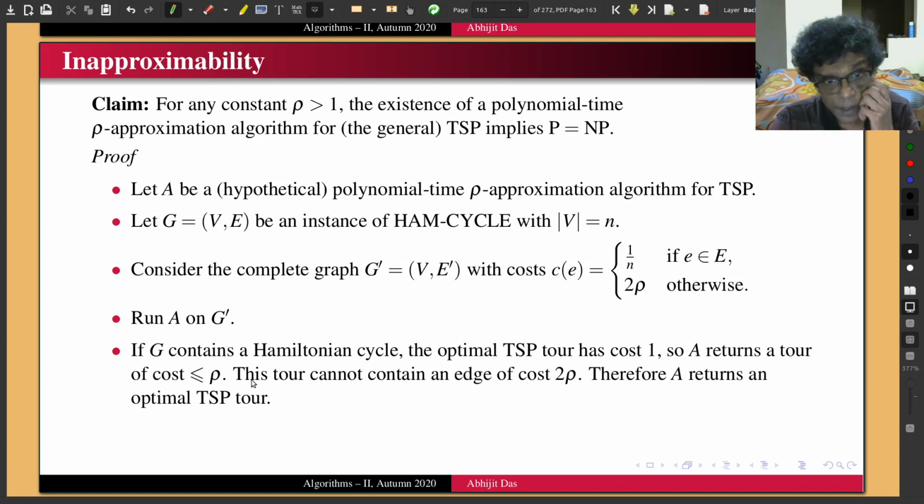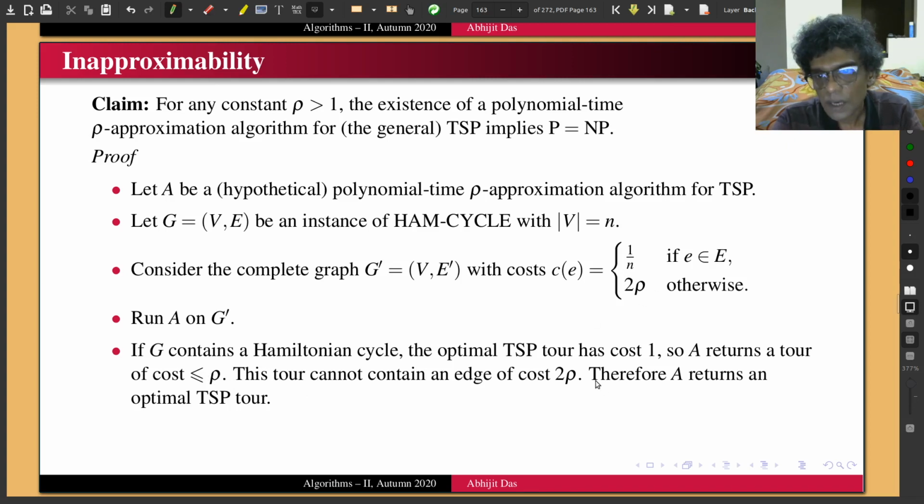But then this tour cannot contain an edge of cost 2 rho, because 2 rho is bigger than rho. And this algorithm returns a tour of cost less than or equal to rho. So it cannot use any edge of this cost.